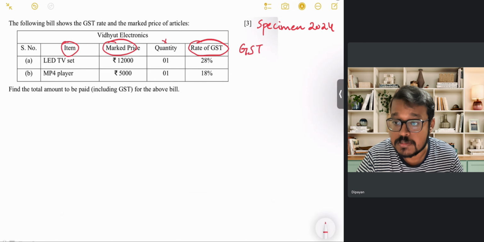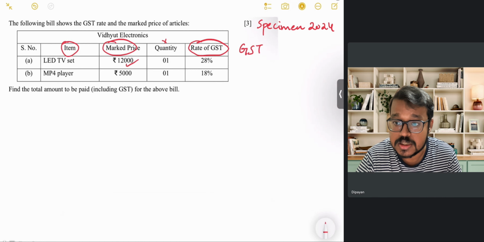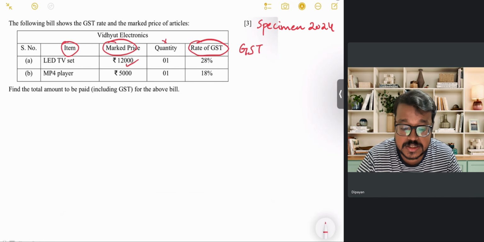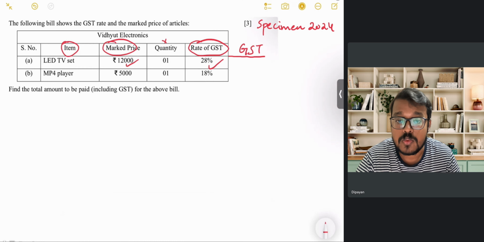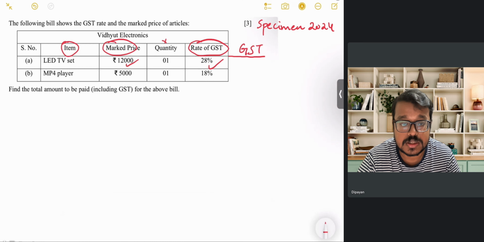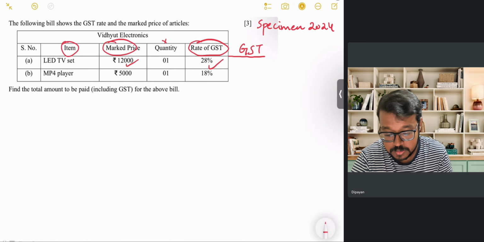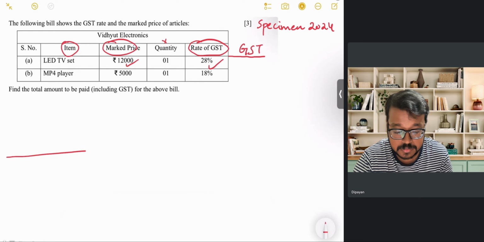So the first item is the LED TV set with mark price of 12,000 and it has a rate of GST 28%. So when we calculate GST for this item, we need to calculate what is 28% of 12,000. As you know, you need to show your rough work, so you can draw a rough column.